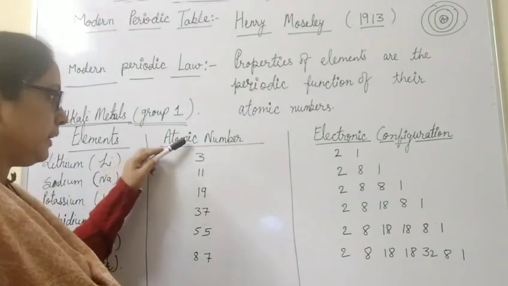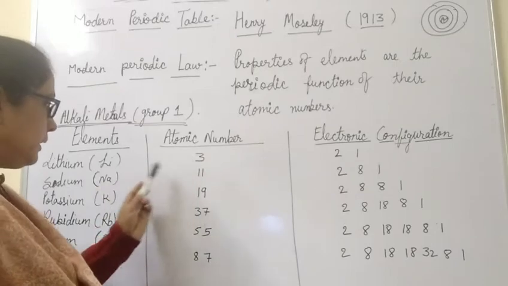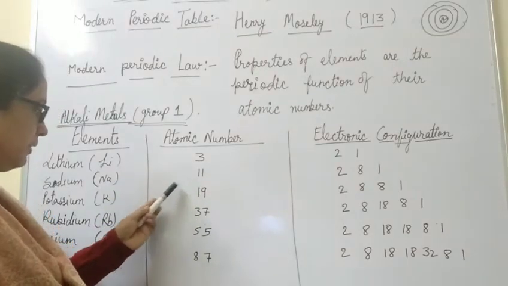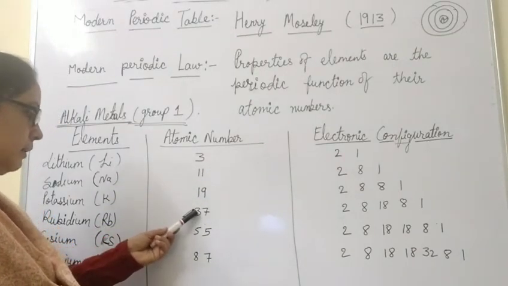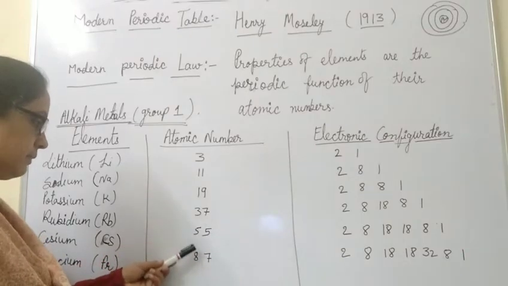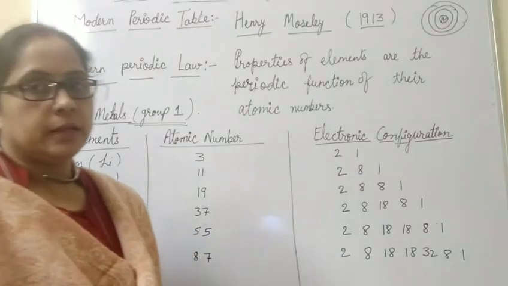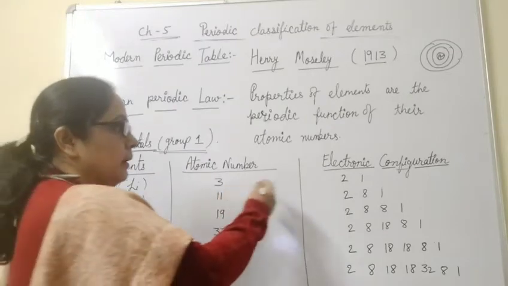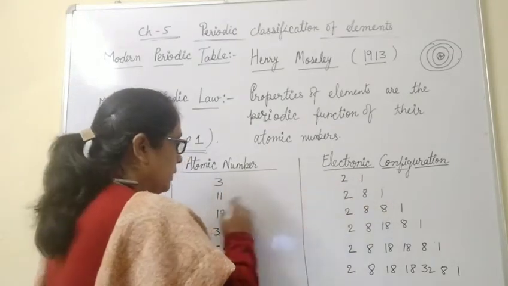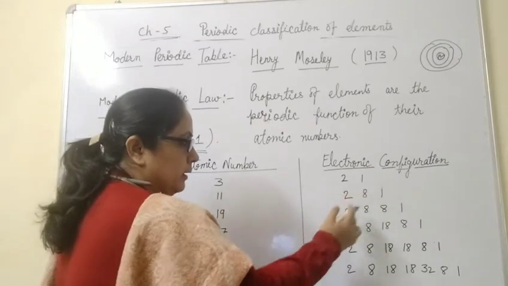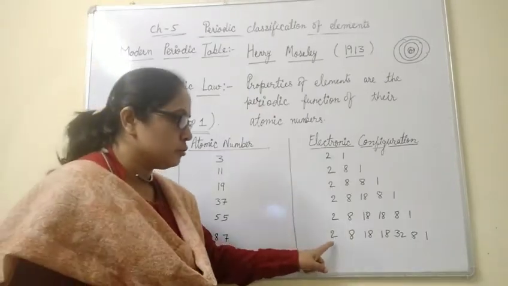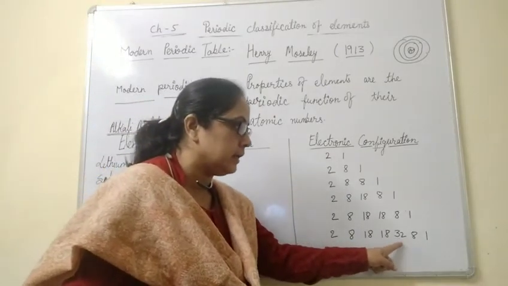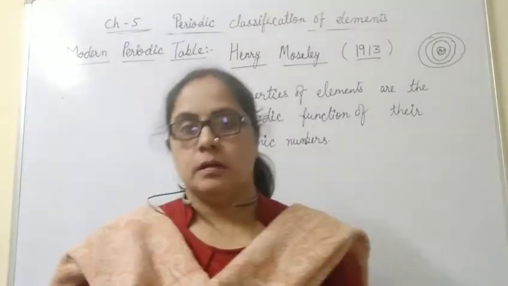Their atomic numbers are: lithium 3, sodium 11, potassium 19, rubidium 37, cesium 55, and francium 87. The electronic configuration of lithium is 2, 1, sodium is 2, 8, 1. The electronic configuration of francium is 2, 8, 18, 18, 32, 8 and 1.